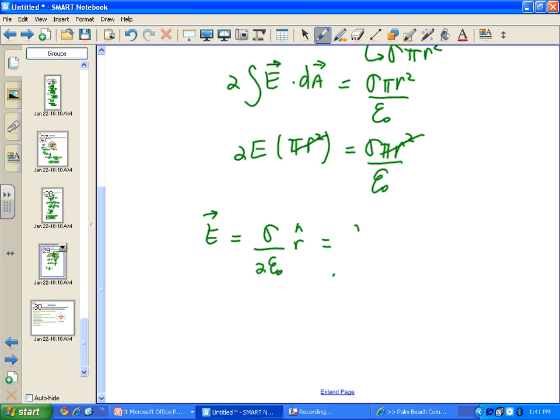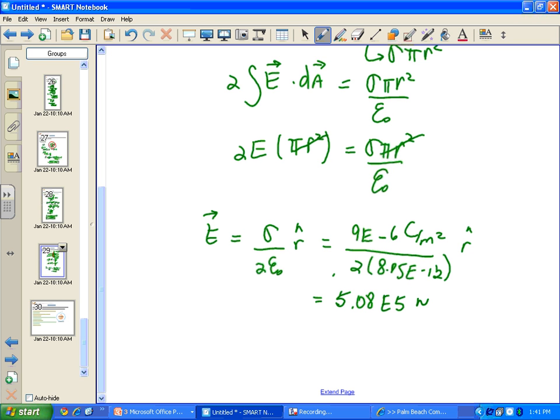Well, let's go ahead and put in our numbers. 9e to the minus 6 coulomb per meter squared divided by 2 times 8.85e to the minus 12, in the r hat direction. We get a value of E, which, if my calculation is correct, is 5.08e to the 5 newtons per coulomb along the r hat direction.